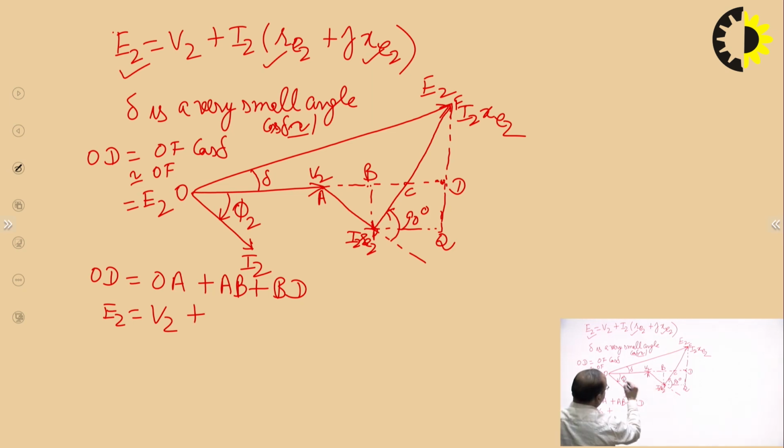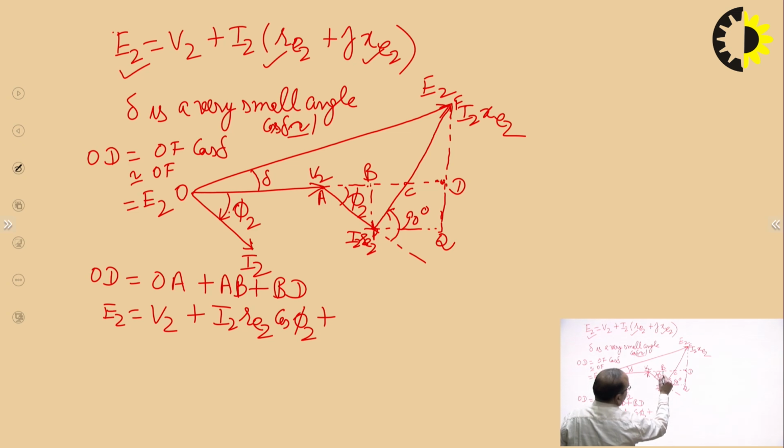AB, this angle is phi 2, this angle is also phi 2, since I2 RE2 is in parallel with I2. So, AB becomes I2 RE2 cos phi 2 plus BD. BD is also equal to this PQ.